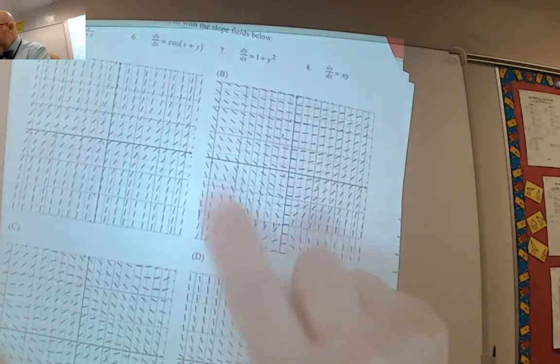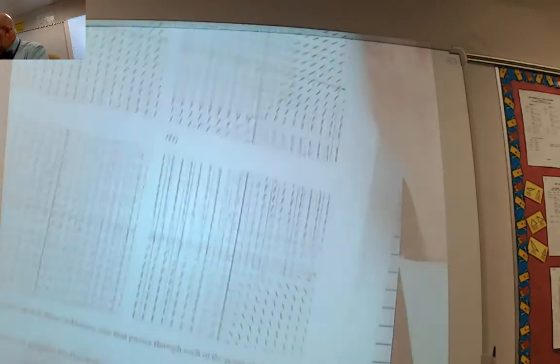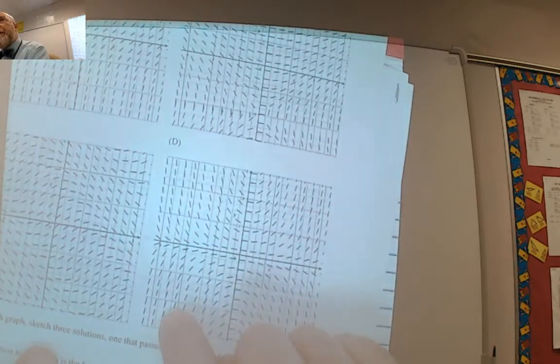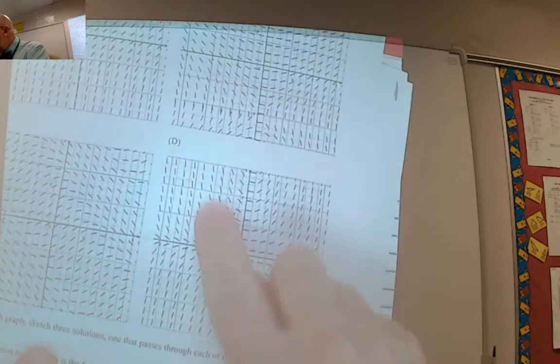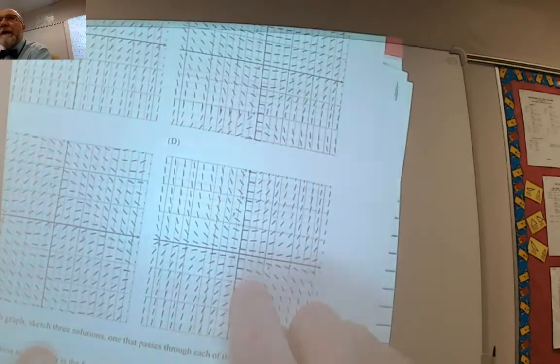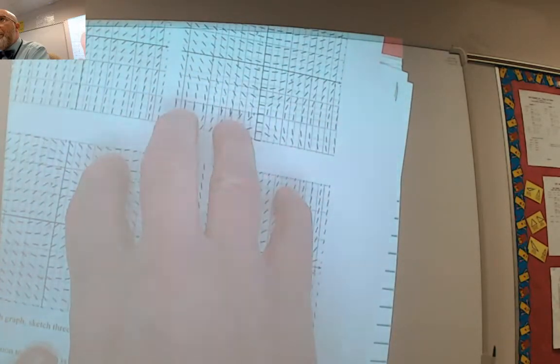They should be positive. If I look at this, they're positive here, and they're positive here. They're negative here, and they're negative here. So H should be D. Are we okay on that? Do I need to talk about this anymore?